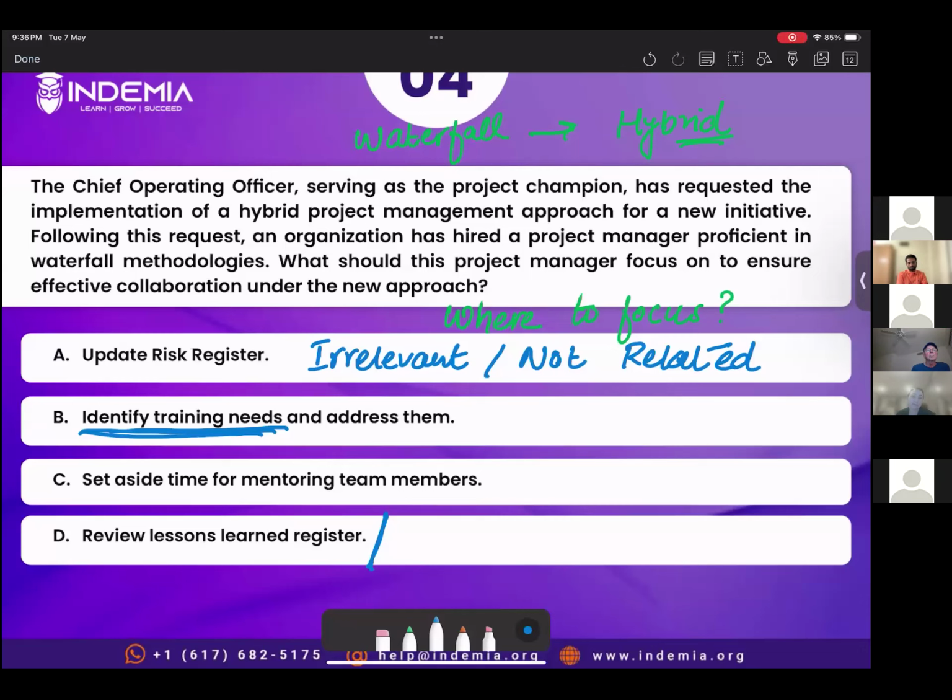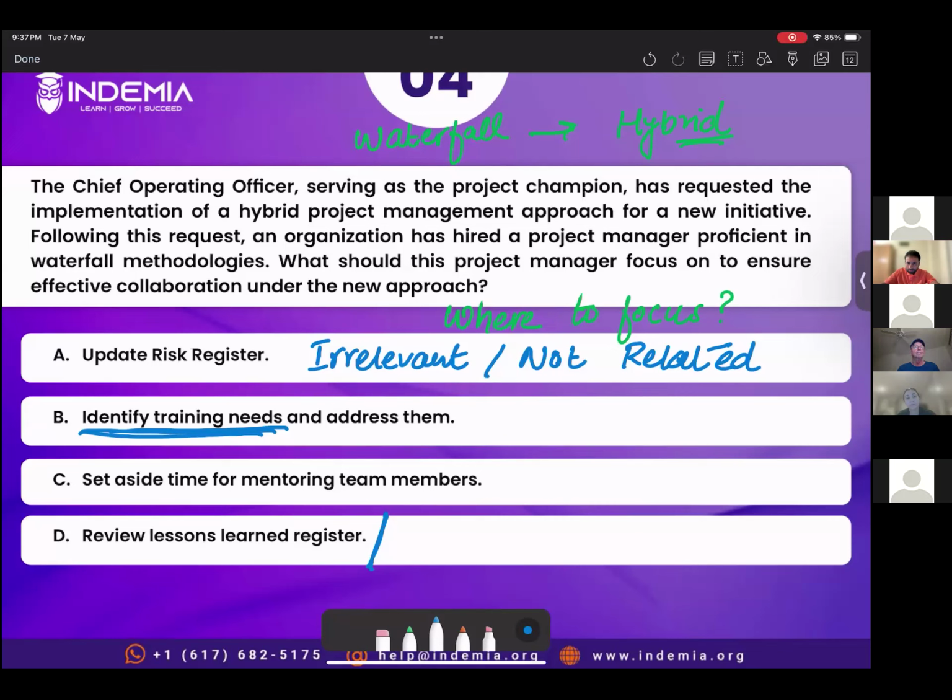Here, if he has separate time for mentoring the team members, he'll be able to talk to them and understand them better. Maybe it's waterfall, maybe it's hybrid, but he'll have time for better collaboration because the team members are together and he can talk to them. All right. So you're saying trainings are formal, so you don't get time to talk to individuals and understand them. So trainings do not promote collaboration. You should mentor. Okay, makes sense. Thank you.